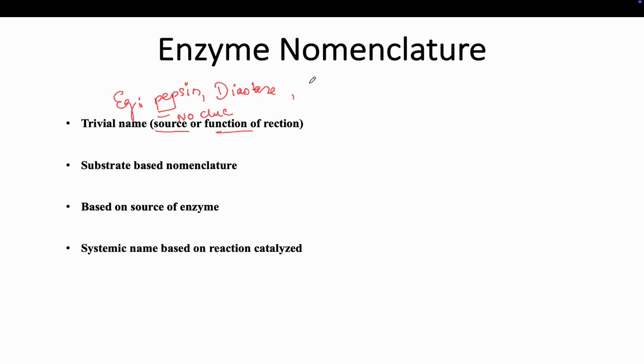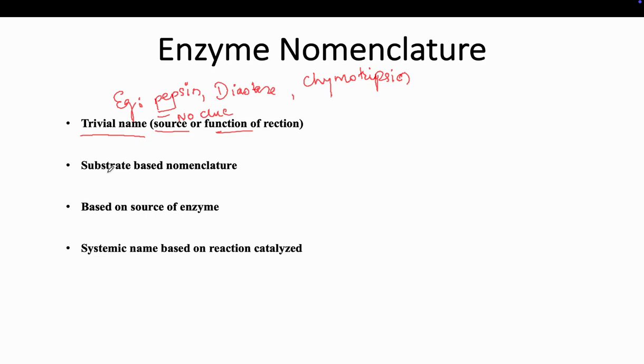Another example is chymotrypsin. We don't know where the enzyme is found or what reaction it is catalyzing. They are just trivial names given to the enzyme during the time of discovery, and they don't give any information about the source or function of these enzymes.